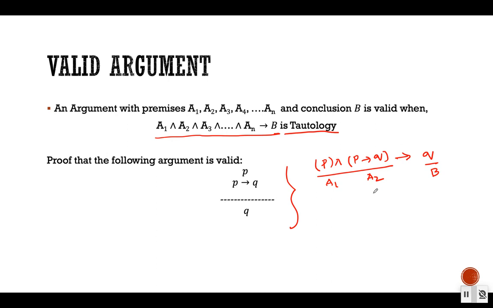If this is true for every combination of P and Q, that means this statement is a tautology. That we know, right? Tautology means that it is always true. If we find that for every combination of P and Q the whole statement is a tautology, means always true, so that one is a valid argument.